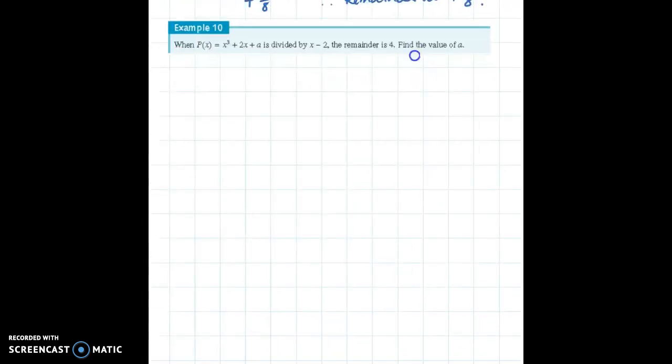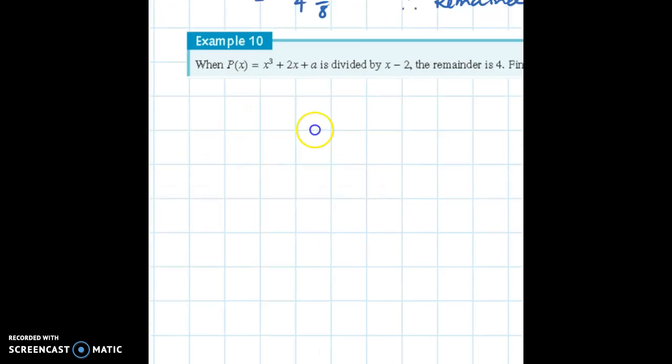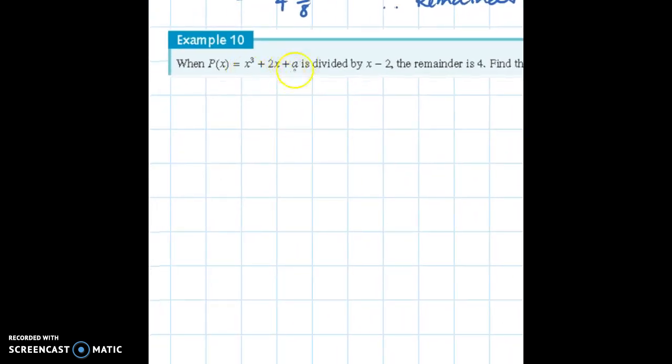Now the other, slightly tricky question you'll get is when you've got a polynomial like this with an a in it, like an unknown constant. The a could be 10, it could be like 10,000, 5.2, whatever, is divided by x minus 2, and the remainder is 4. Find the value of a.